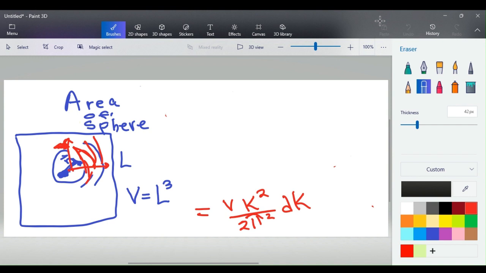Anyway, let me start off up here in black. If I select my pen, that would work a lot better.